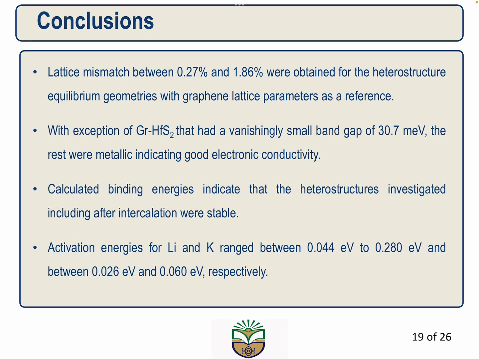In conclusion, therefore, what we observed is that the lattice mismatch that existed for our systems was between 0.27 and 1.86% for the heterostructure equilibrium geometries. And in all the cases, we were able to show that graphene lattice parameters gave the best system when used as the reference.